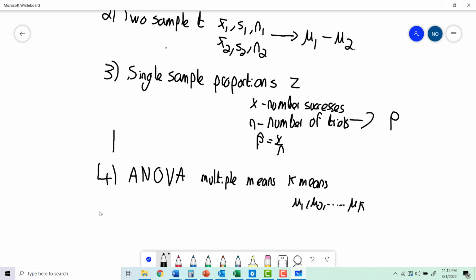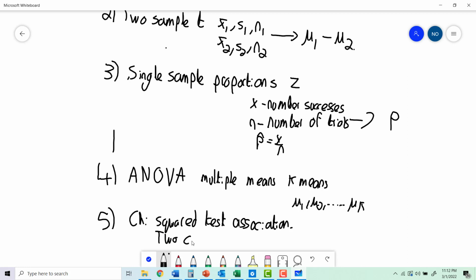And then finally, we have our chi-squared test of association, where we're looking for association between two categorical variables.